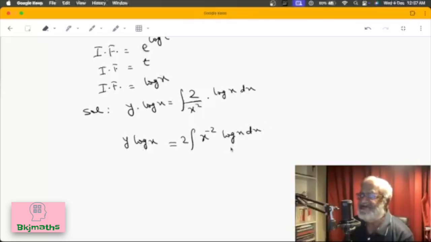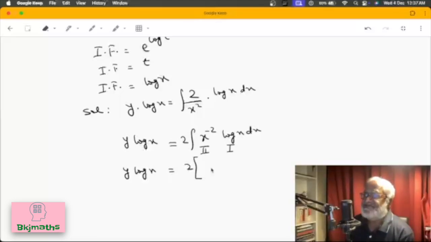So I let log x as the first function and x to the power minus 2, algebraic, as the second. Apply integration by parts. So y into log x equals 2, first function log x, integration of x to the power minus 2.